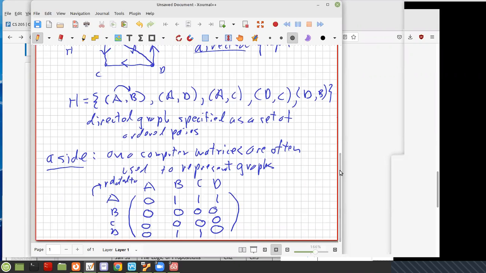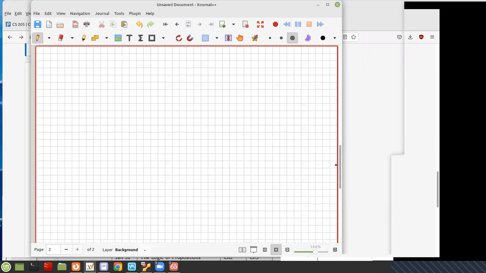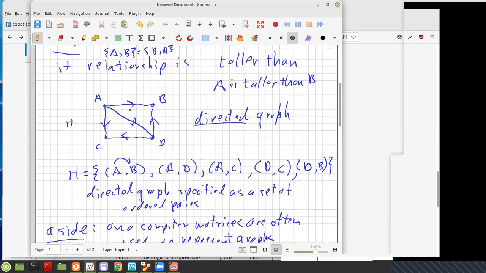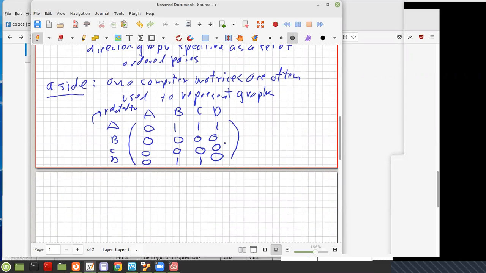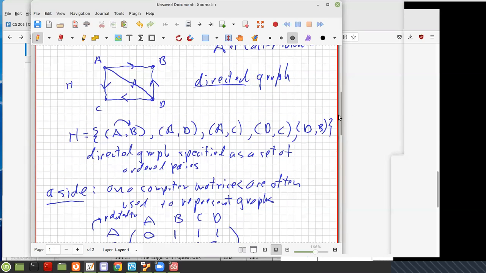It's a somewhat abstract sort of representation, but you could put it on a computer. And that's how you then do computer algorithms with graphs. There are many different ways of representing graphs on a computer, in terms of matrices or sets or lists or whatever.